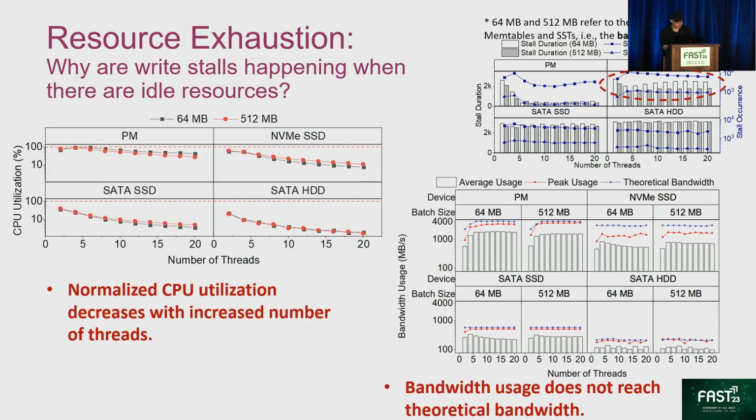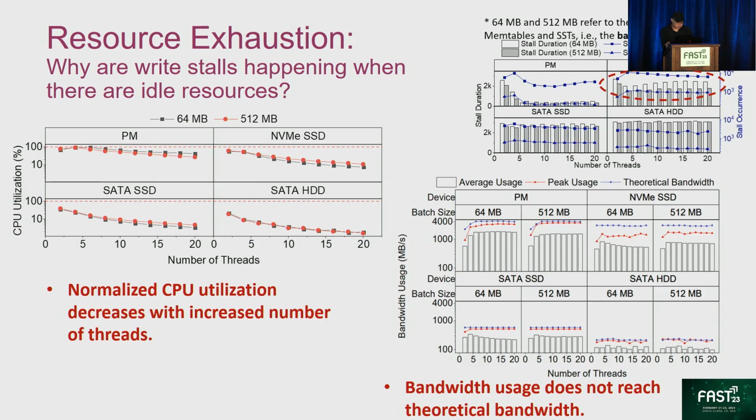Take the NVMe SSD as an example, as shown here. After increasing the number of threads in the x-axis, the write stall still occurs, which behaves as the dotted lines in the right y-axis. And stall duration is still there, meaning write stalls are still occurring.